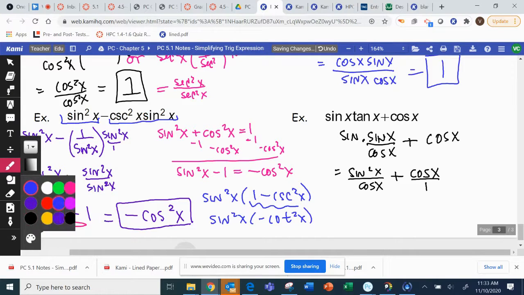Cosine x, which means I just have to multiply this one by cosine x over cosine x.